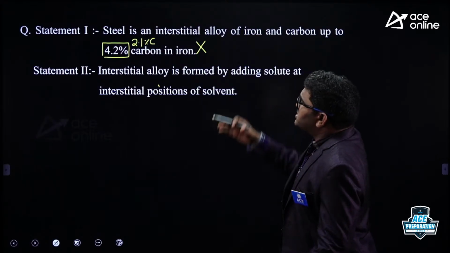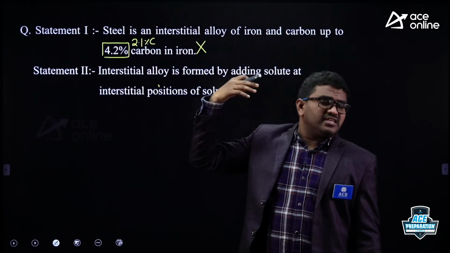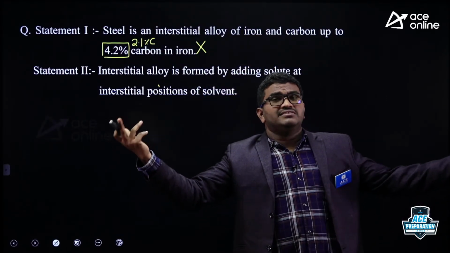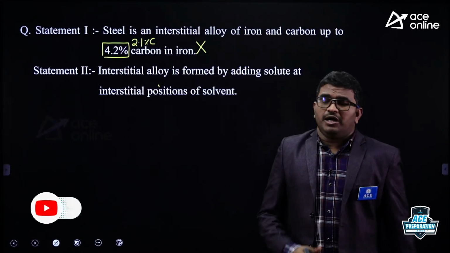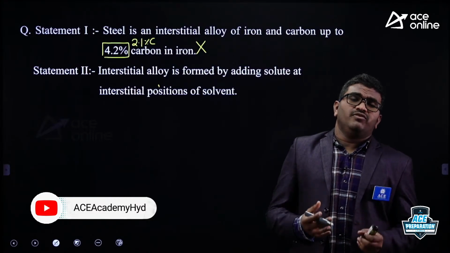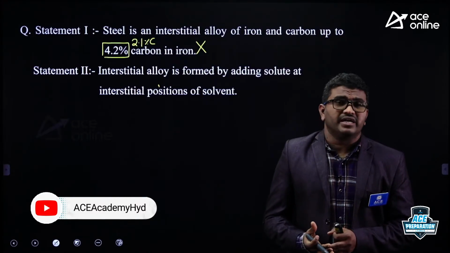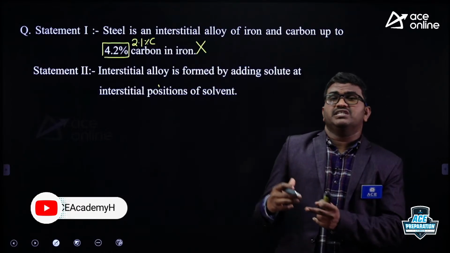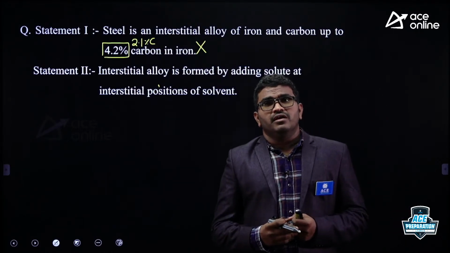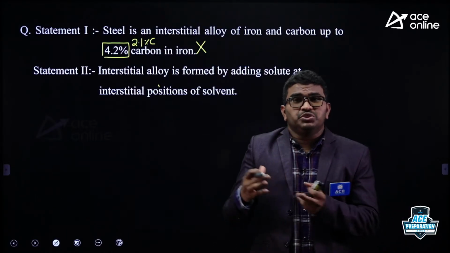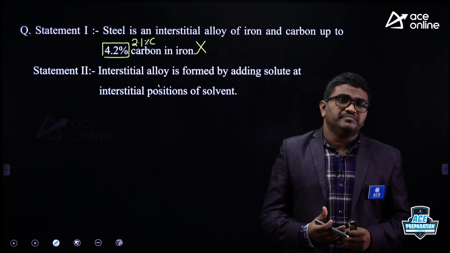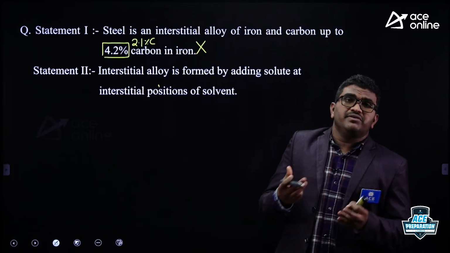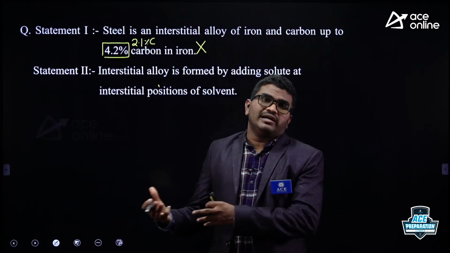By default, if the first statement is not correct and the second statement is always right, the answer for this question is D. Yesterday I gave the options also. Option A: statement 1 and statement 2 are both correct, and statement 2 is the correct explanation for statement 1. Option B: statement 1 and 2 are correct, but statement 2 is not the correct explanation for statement 1. Option C: statement 1 is correct but statement 2 is not correct.